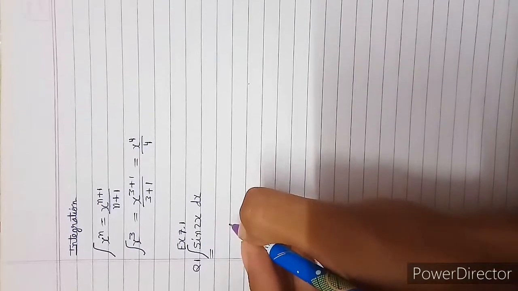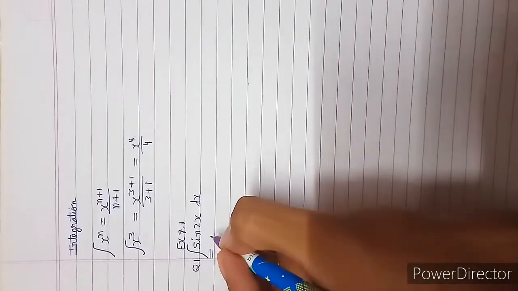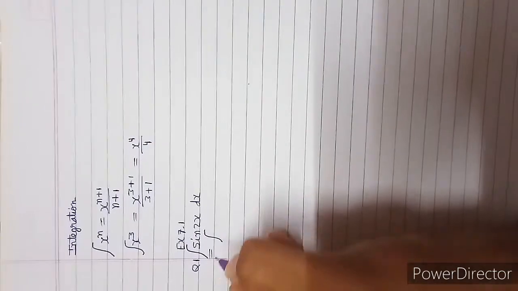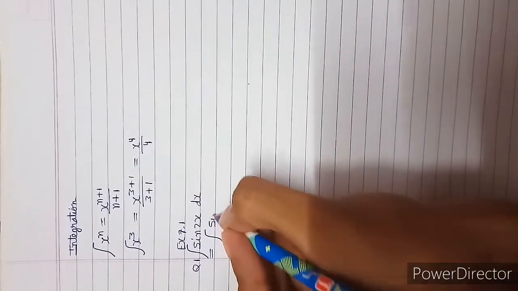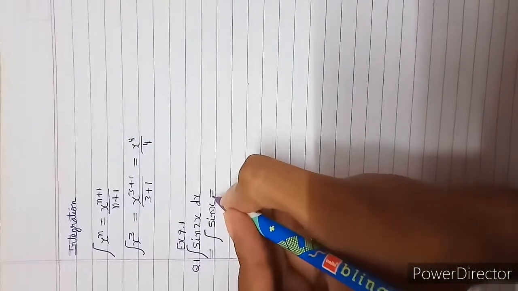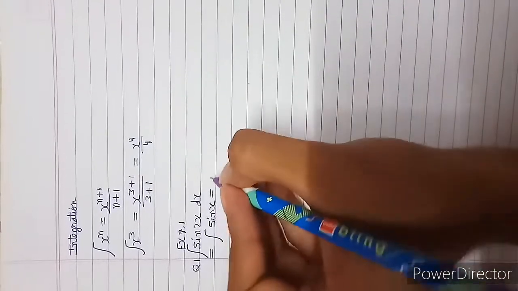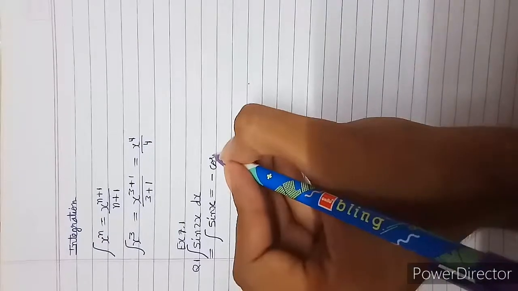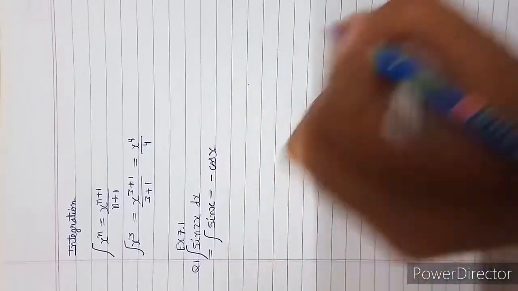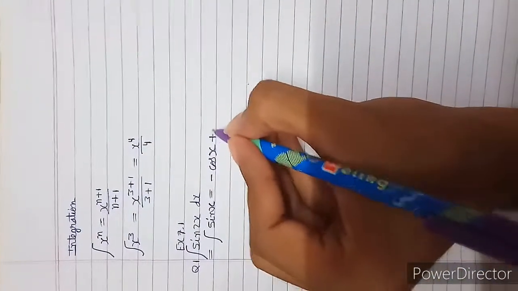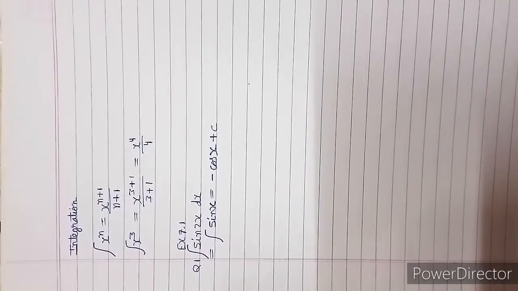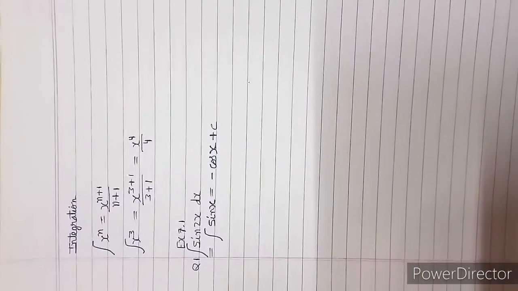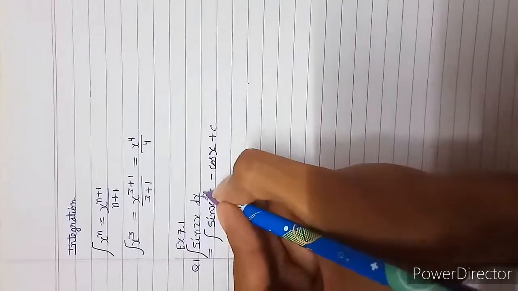So it is our starting, so I will also mention here the formula so that it will be easier for you, but I am mentioning formula only as it is our beginning. Now this is our formula for integration of sine x. Now we will solve it.